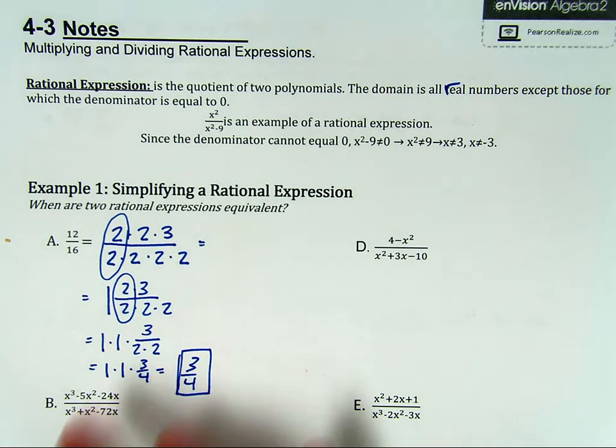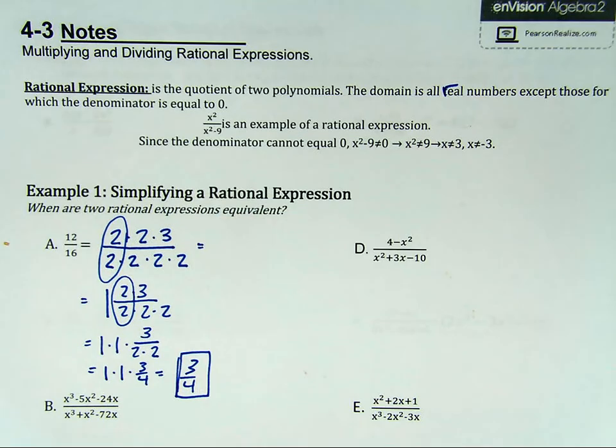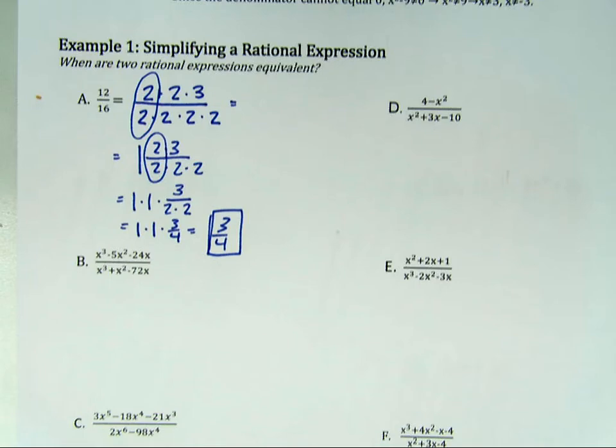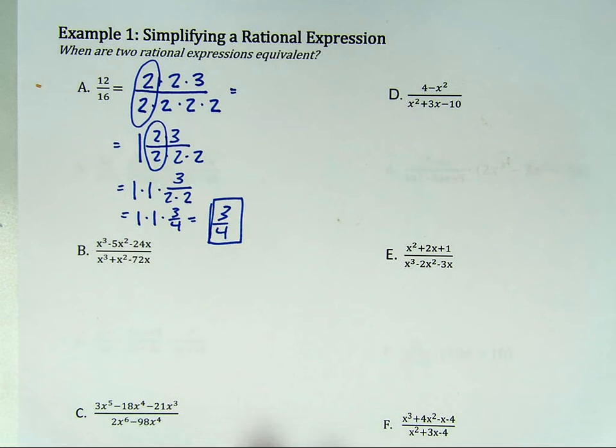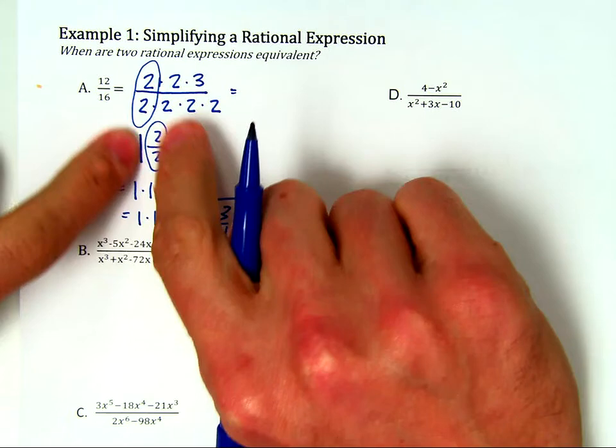Now, we can also reduce rational expressions where we have polynomials. Not quite as nice as this down to 3/4. Sometimes it does, but not always. So when we do this, what we're looking for is common factors, just like here when I'm looking for 2 over 2.